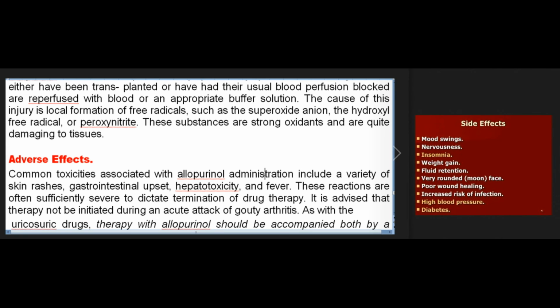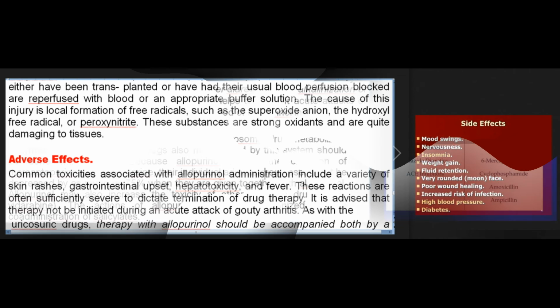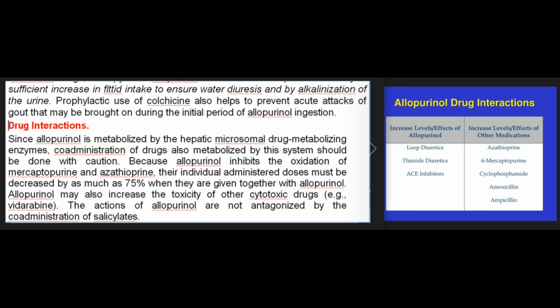As with the uricosuric drugs, therapy with allopurinol should be accompanied both by a sufficient increase in fluid intake to ensure water diuresis and by alkalinization of the urine. Prophylactic use of colchicine also helps to prevent acute attacks of gout that may be brought on during the initial period of allopurinol ingestion.